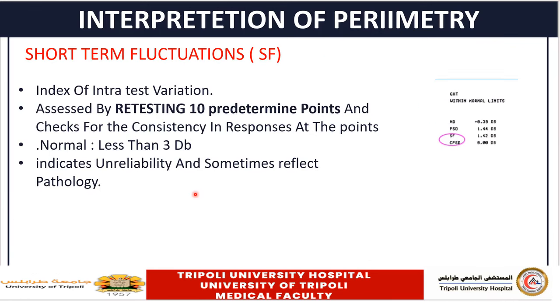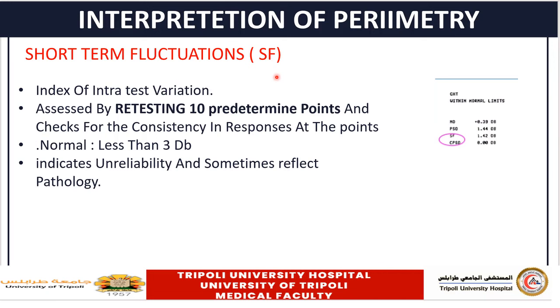The fourth index of the global indices is the short-term fluctuation. As I said, this short-term fluctuation is not measured in the theta strategy. You will find it in the full threshold strategy. Short-term fluctuation means that there are selected points, about 10 points in the visual field. They are repeated many times, and we find out the difference between each reading.